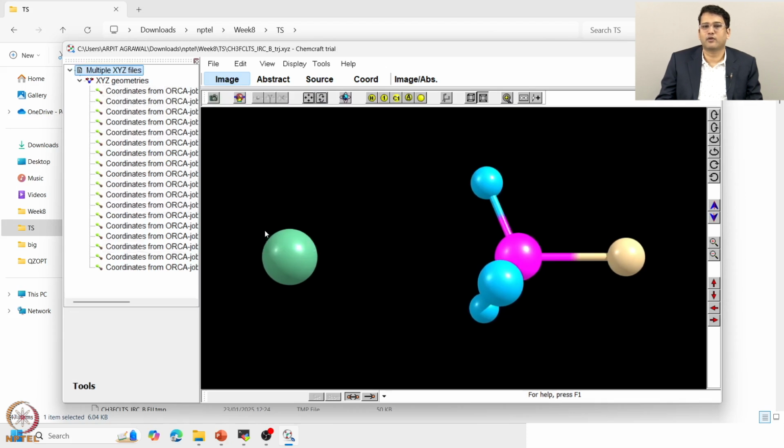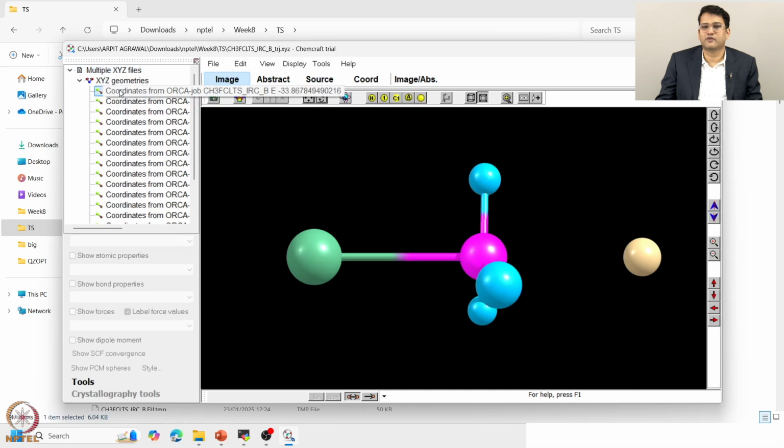So at this point, let me go to the first point. Here you can see it's bonded with the chlorine and the fluorine at a distance.